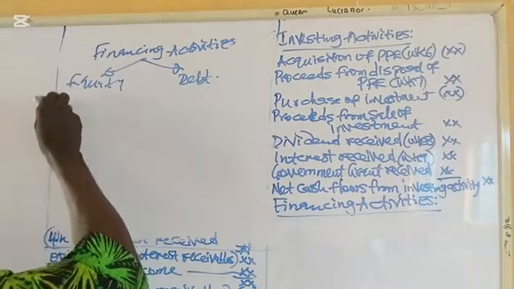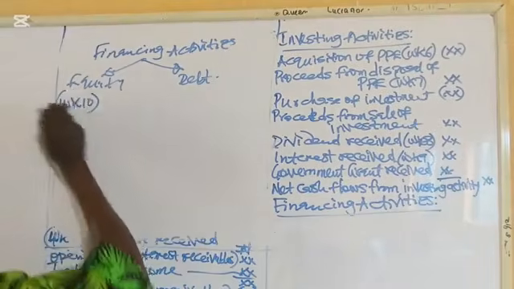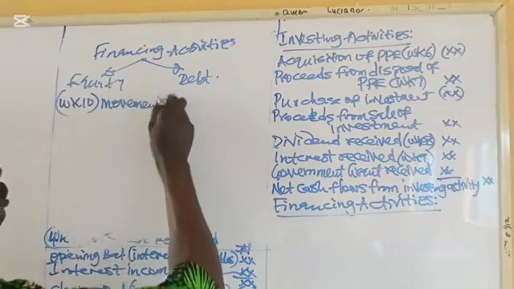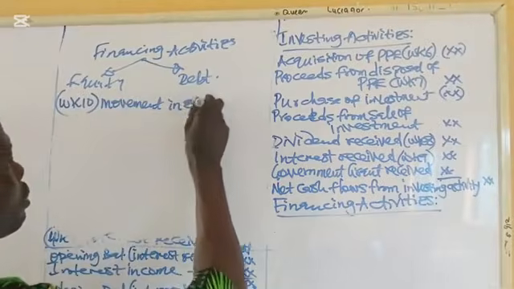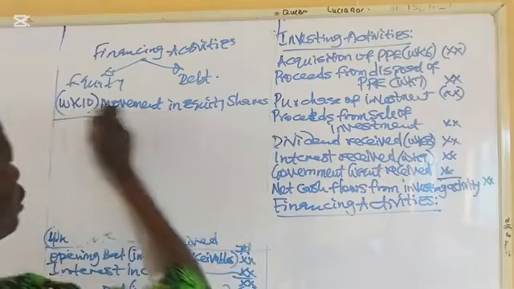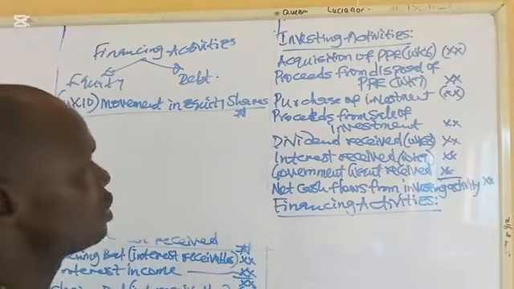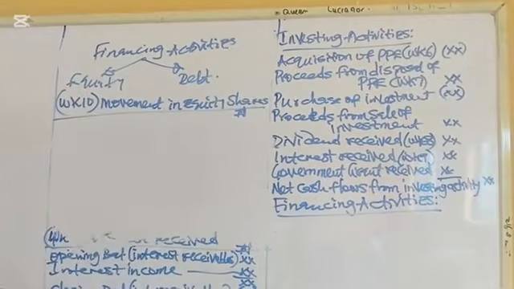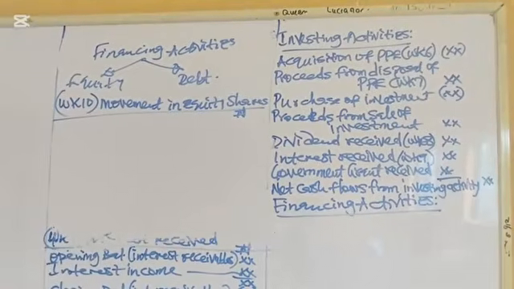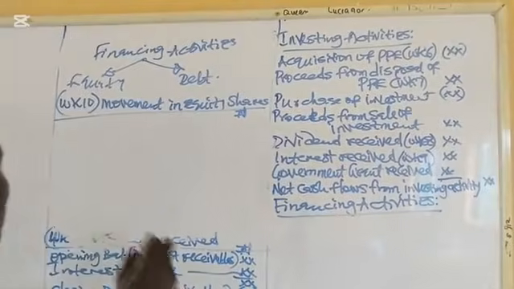So now, working number 10. Movement in equity shares. So, as usual, you start with the opening balance. Opening balance in respect of equity.